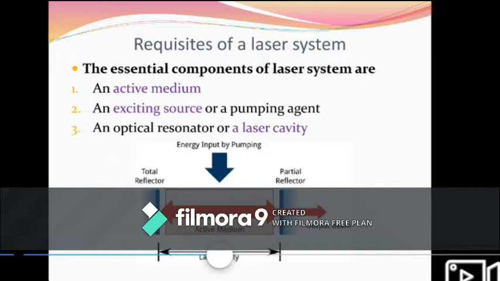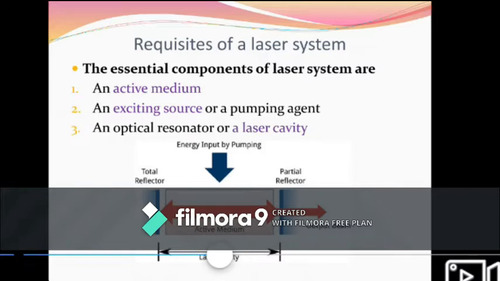I will discuss that in the next slide. So you require a medium where stimulated emission is created, where you have a metastable state, where you produce a population inversion, and so on. That is the active medium.